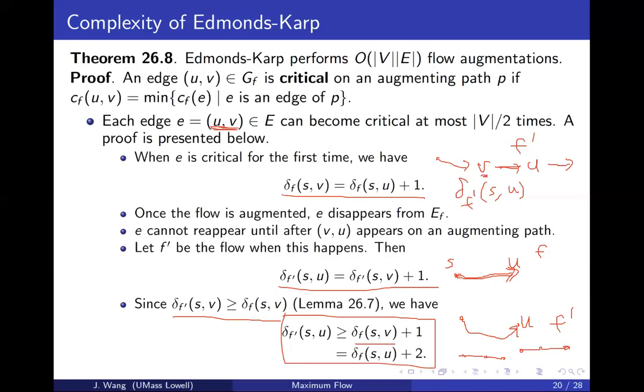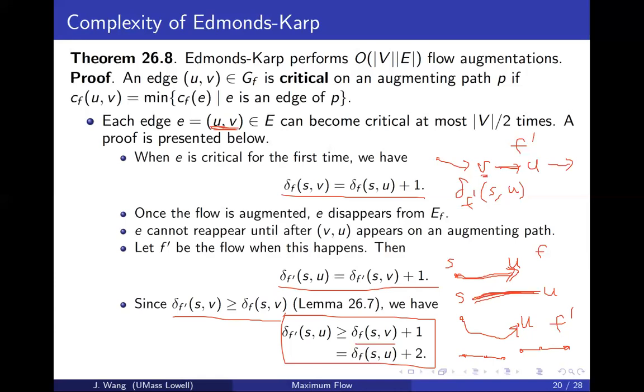Now, how many times can you get 2 edges longer? You just count a shortest path from S to U. What is the longest possible from S to U?